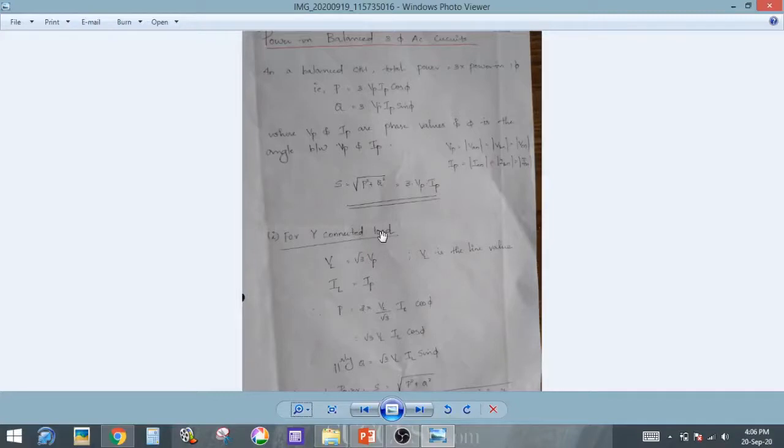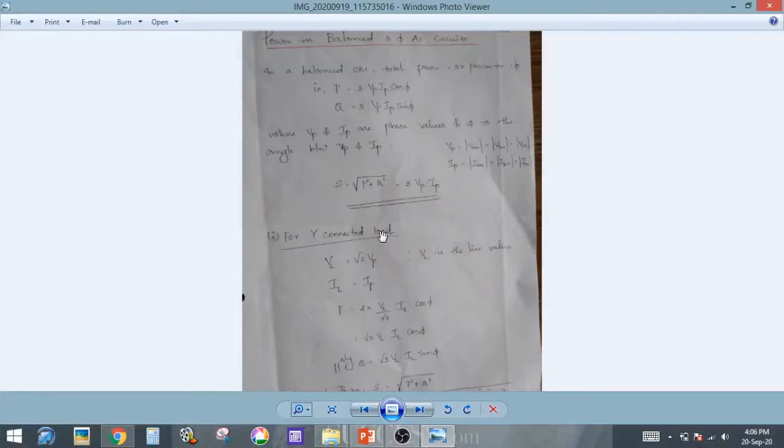We know in a 3-phase AC system there are mainly two connections. One is the star connection and the other is the delta connection. Consider a star connected load, VL equal to root 3 V phase, line voltage equal to root 3 into phase voltage, and IL equal to I phase, line current equal to phase current.